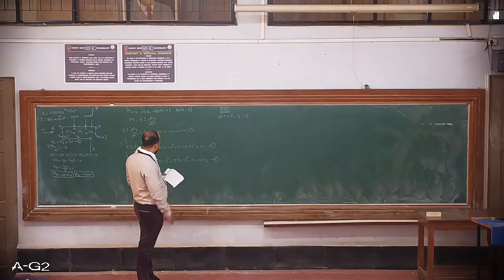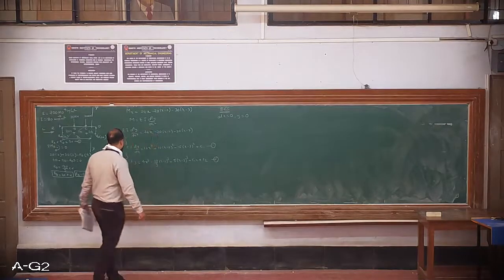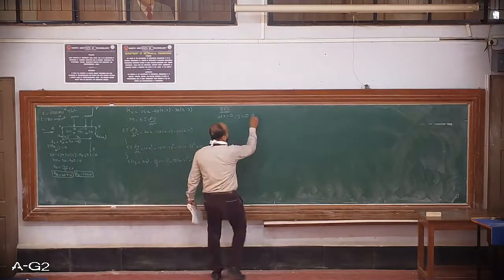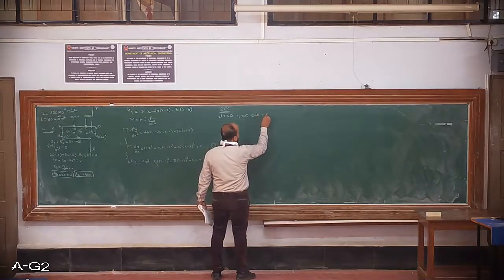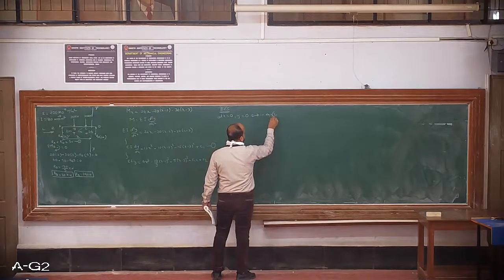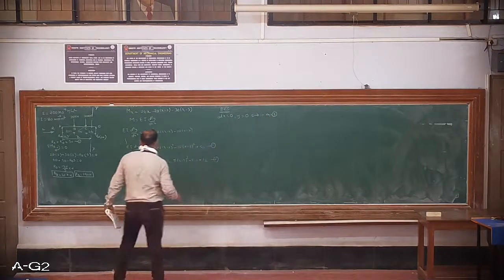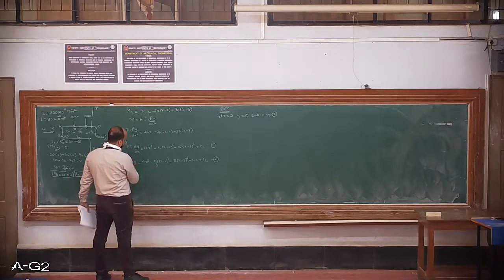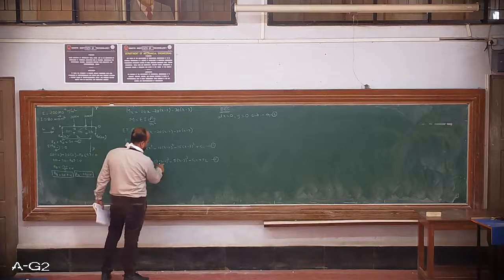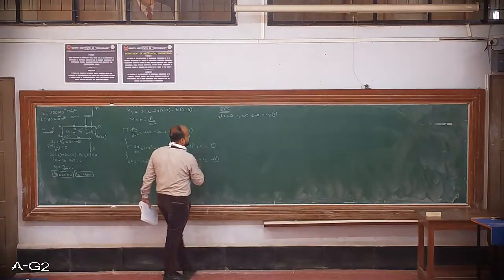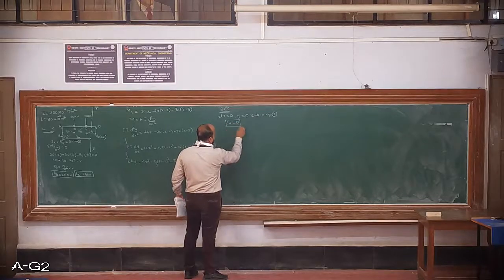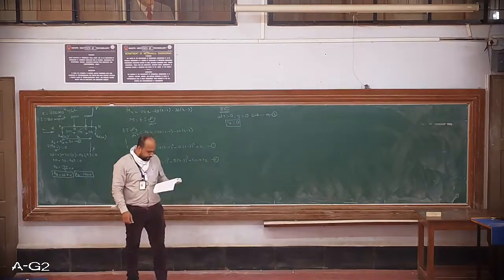So in equation number 2, if I substitute x is equal to 0, y is equal to 0, this will become 0, 0, 0, 0. So C2 will become 0.